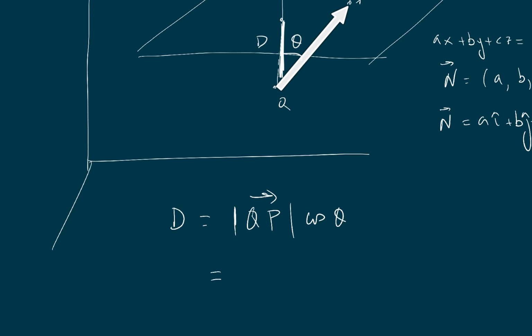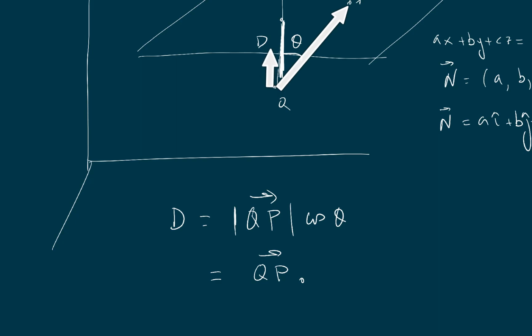And this can be written like QP dot a unitary vector. Guess which unitary vector it is? It is the normal vector, the normal vector n, unitary.